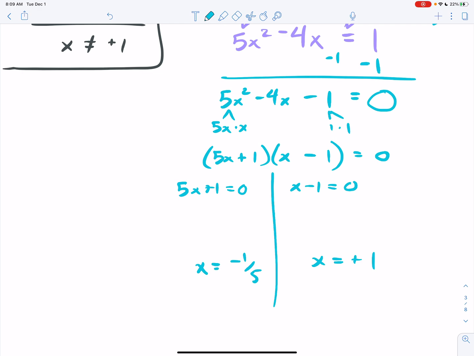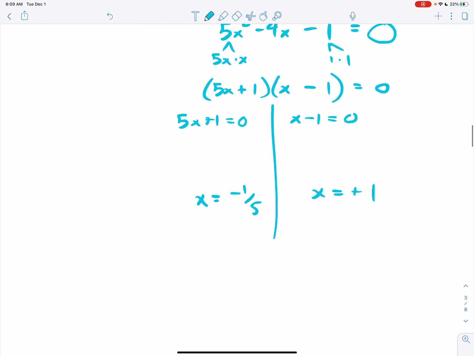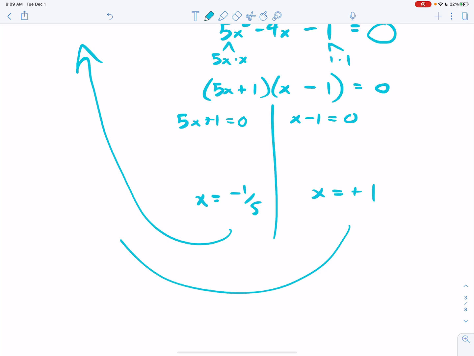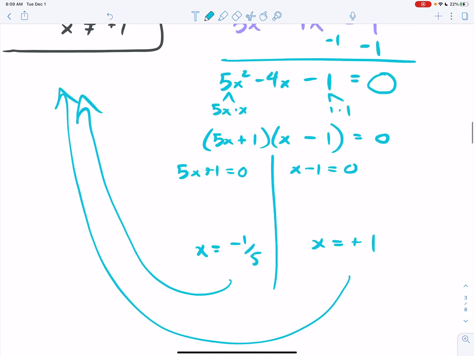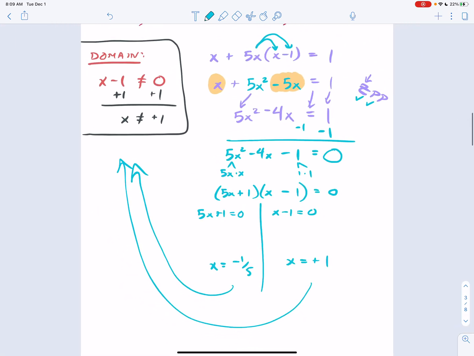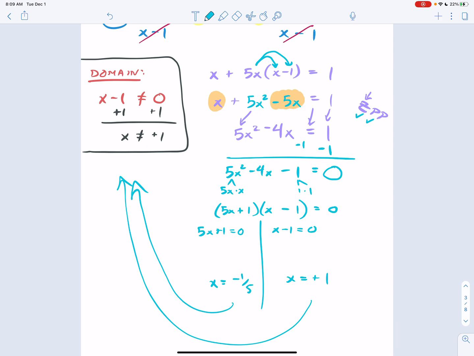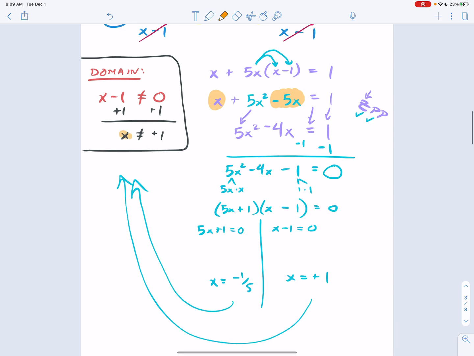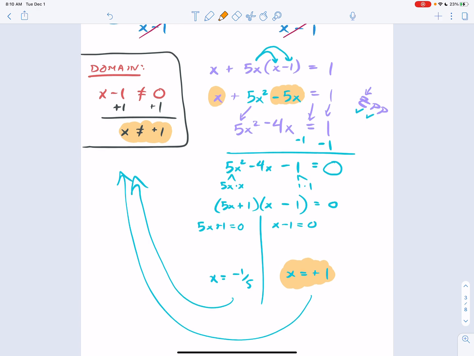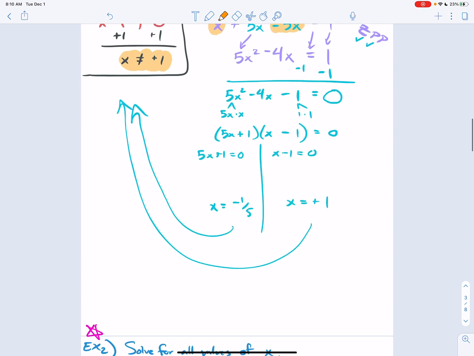Now, before I box my answers, are there any conflicts to my restriction? So I go back to my restriction here. At the beginning, I said that x cannot be positive 1. So if you guys take a look, oh no, there is a conflict here. So what does that mean? So we won't be boxing x equals positive 1.